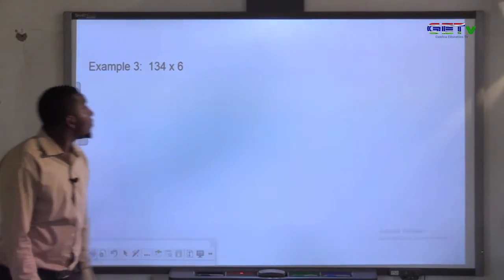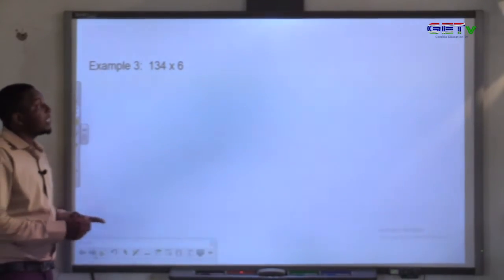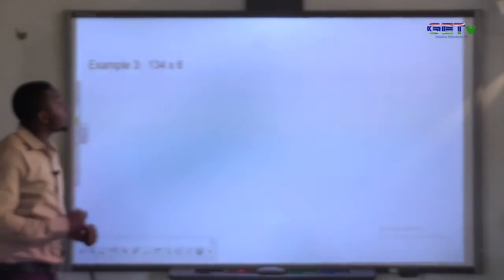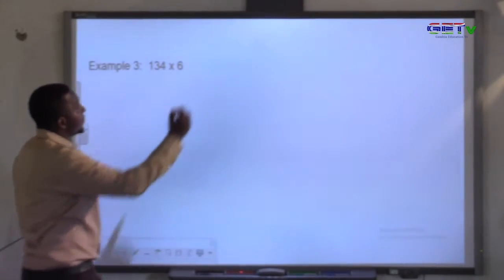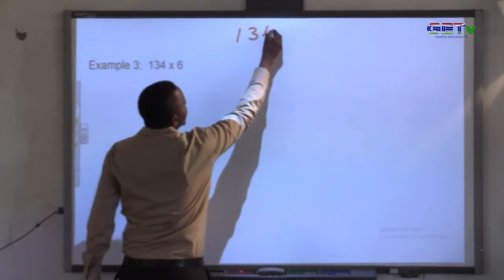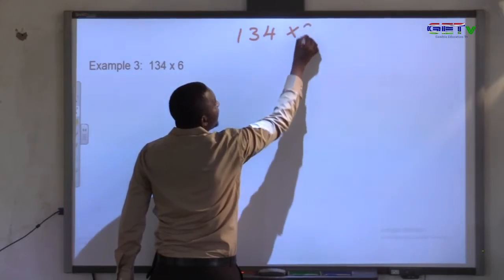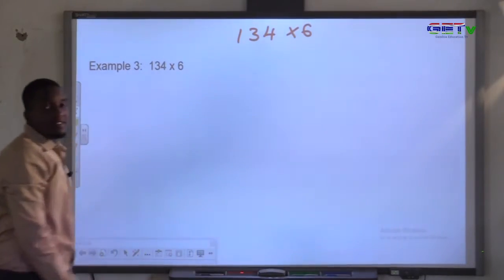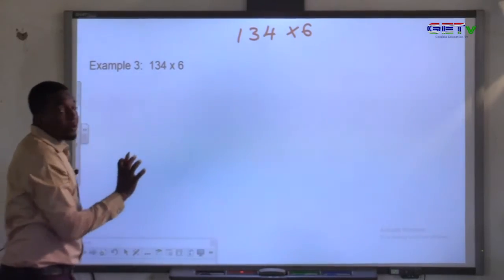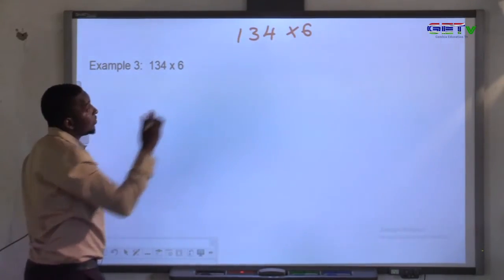In this other example, again you can see it is the same example that we treated using the other method. We have 134 multiplied by 6. It is essential we state the value of those digits.